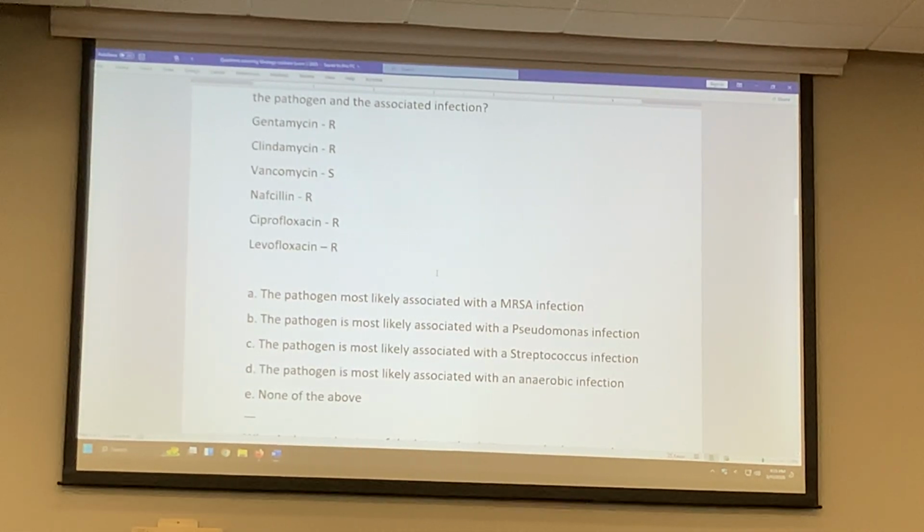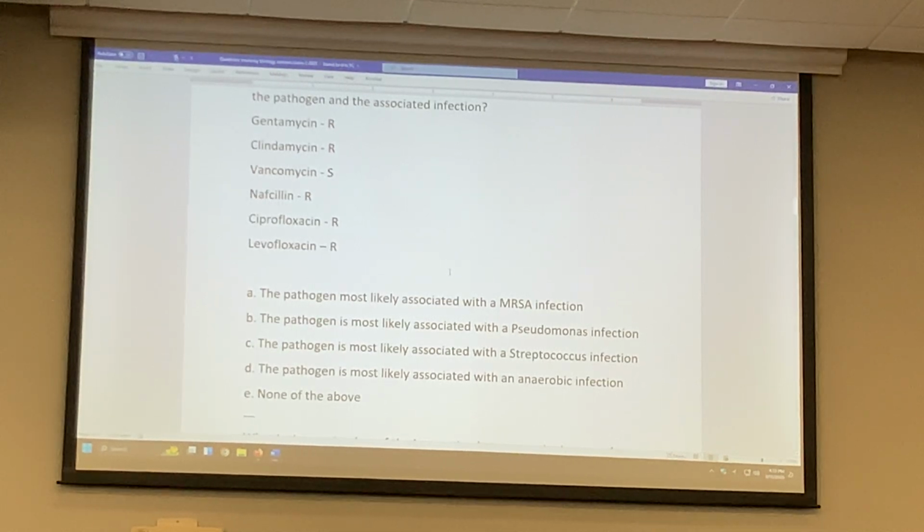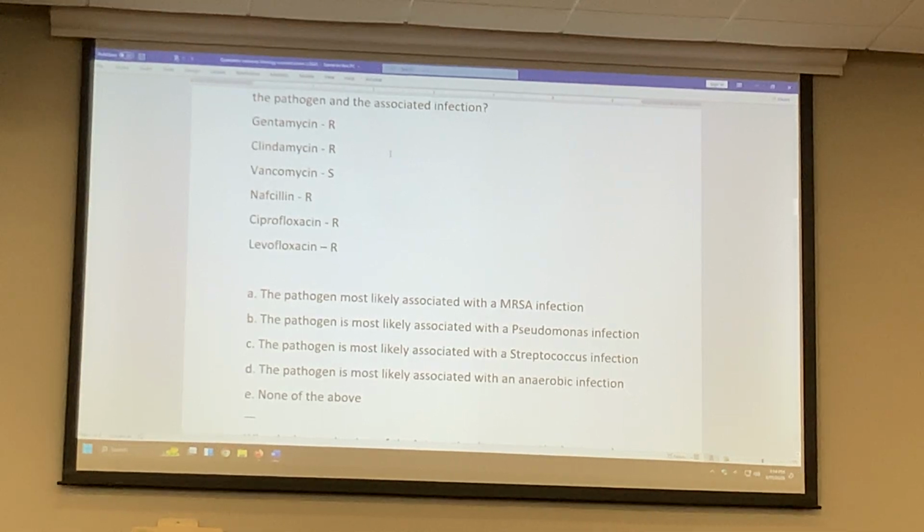The pathogen is most likely associated with an anaerobic infection. Which drug would we look for with an anaerobic infection here? What's the only one in this list that would technically treat anaerobes? Out of those. What is it? Clindamycin, right? So clindamycin would treat anaerobes.